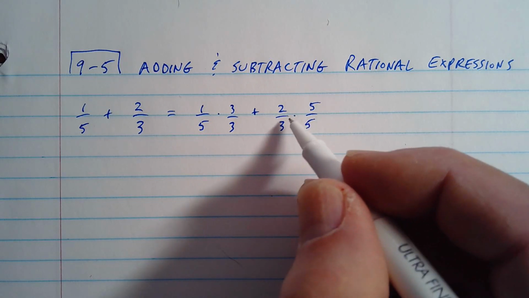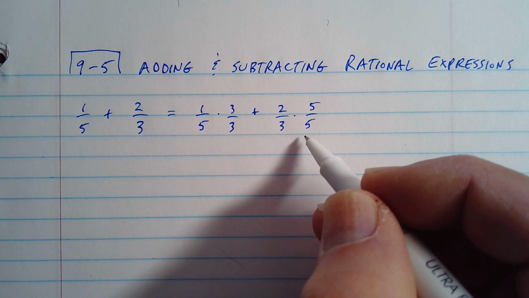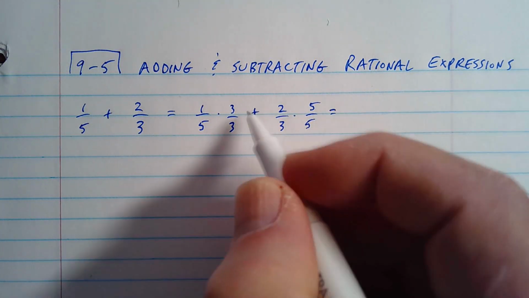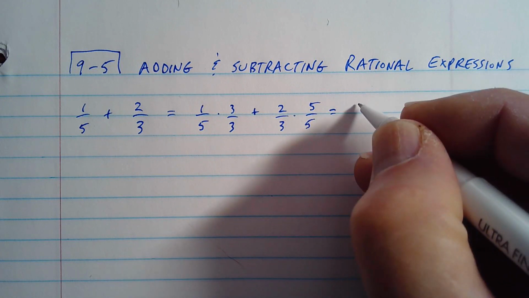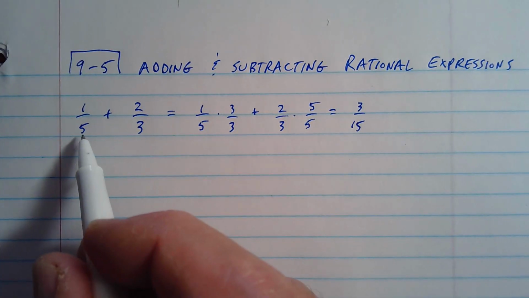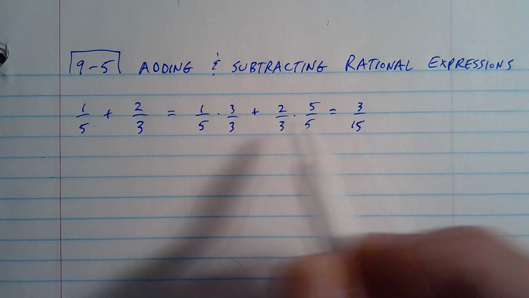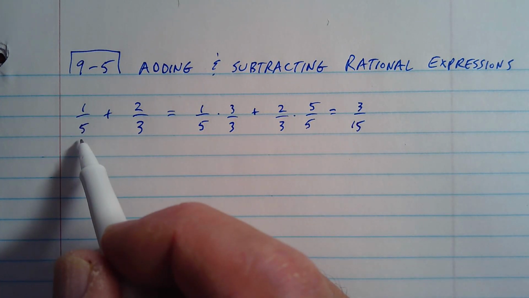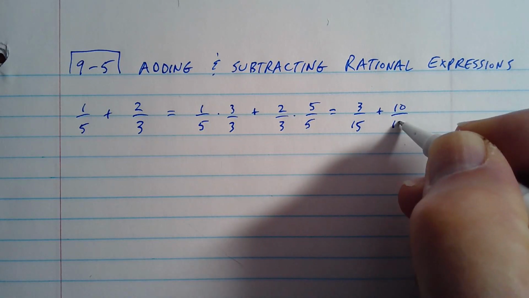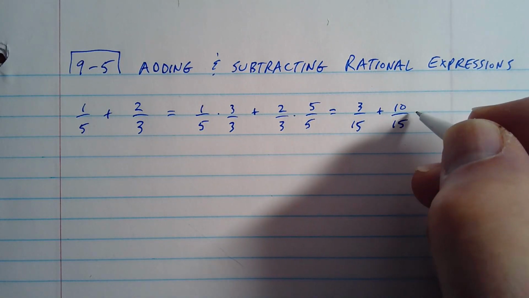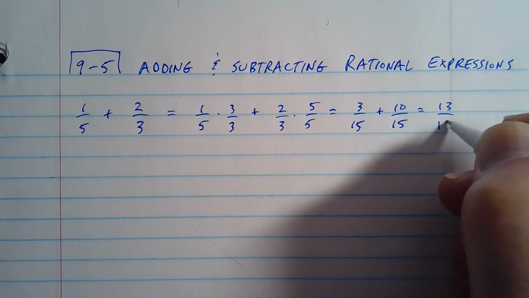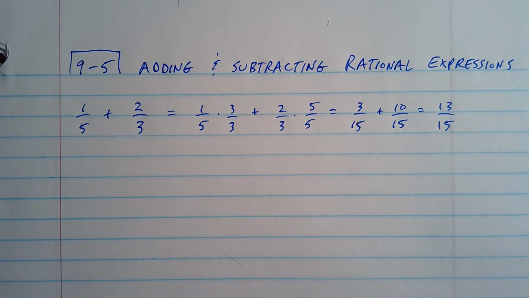It's going to be 2/3, it's just going to be 10/15ths, which is 2/3 reduced. And so then I multiply top times top and I get 3/15ths. That's the same as 1/5. It's just 3 out of 15 instead of 1 out of 5. It's the same ratio. And then we get a 10/15ths for my second result. And now that they have common denominators, we can put them together and get 13/15ths.